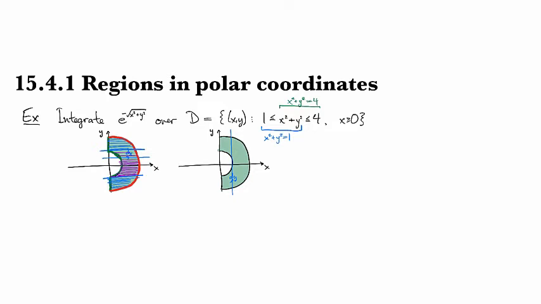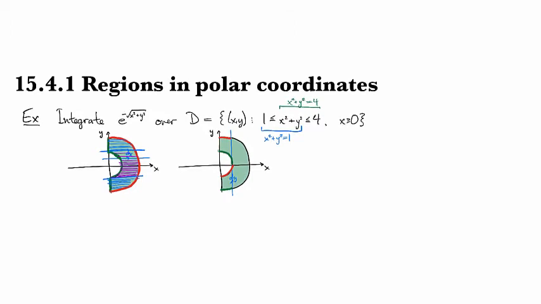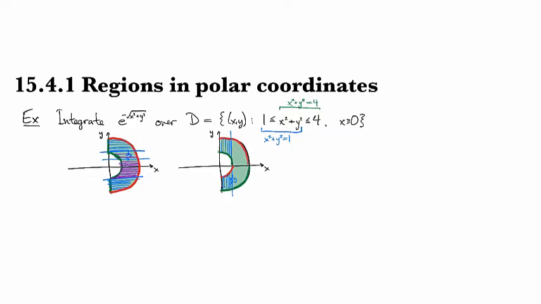We're going to be starting on the outer circle and ending on the inner circle, or starting on the inner circle and ending on the outer circle if we're in one of those zones, or else starting on one half of the big circle and ending on the other half of the big circle if we're in that purple zone out there.